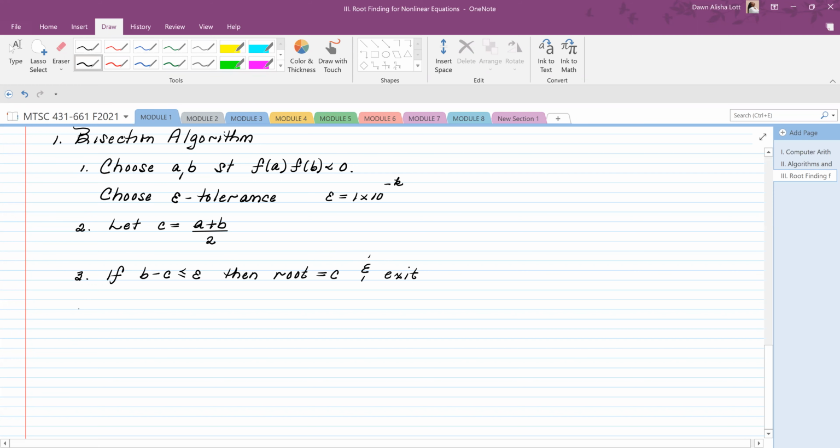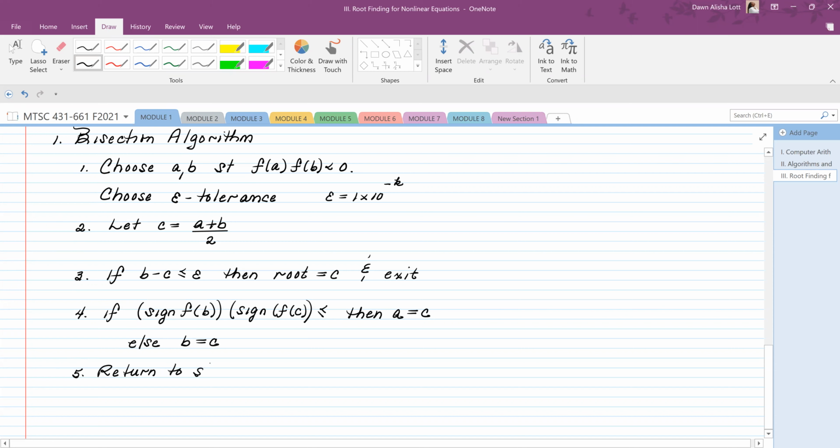So now, if the sign of f of B times the sign of f of C is less than or equal to 0, then A is equal to C. Otherwise, we let B equal C. And then step 5, we return to step 2. Okay, so that's the algorithm.